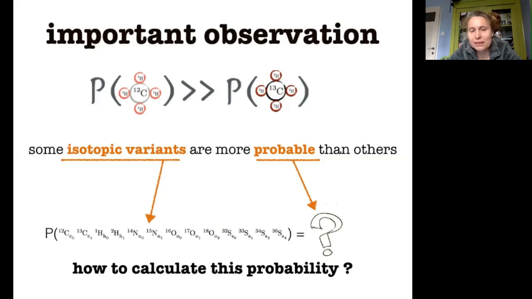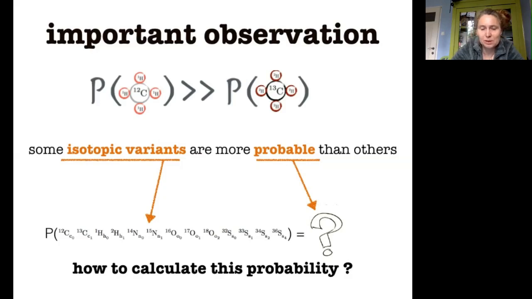For example, methane consisting of 1 carbon and 4 hydrogen atoms in standard versions is much more probable than a methane with carbon C13 and 4 deuterium atoms.